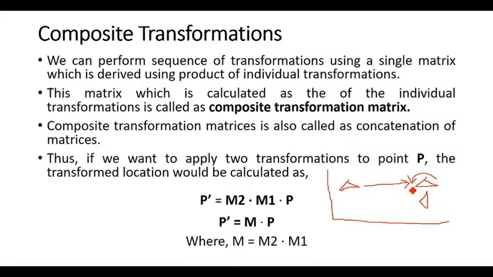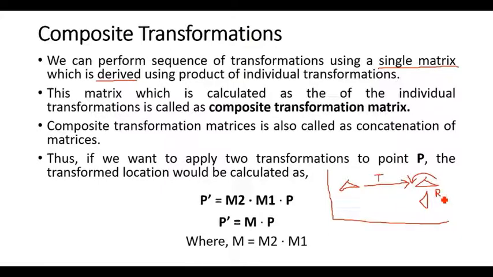I'll have to perform two, three, however many transformations in a sequence we need, so however many multiplications we have to go on doing, right? Instead of doing that, what we can do is derive a single matrix, which is in turn derived from the component transformations involved in this activity. For example, I am performing translation here and rotation here, right?